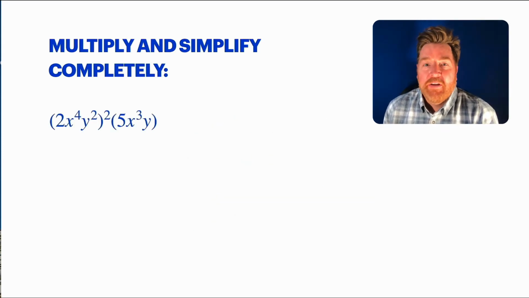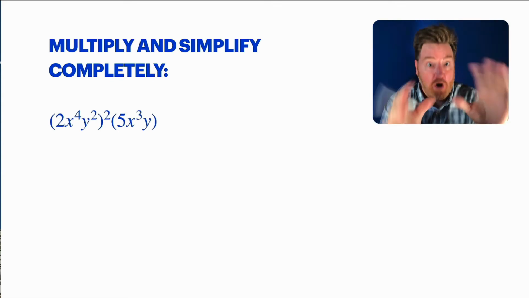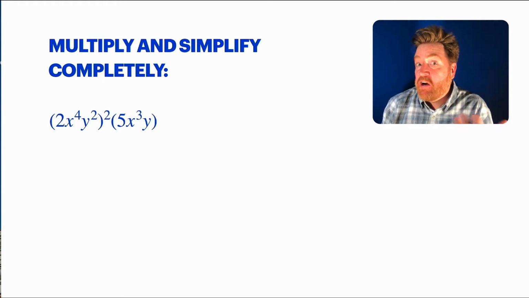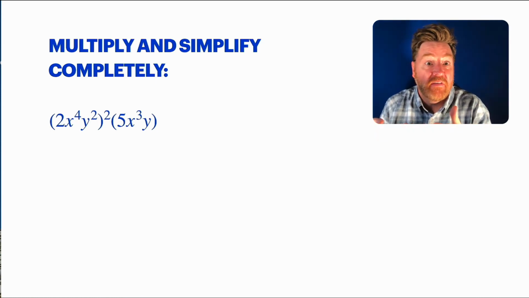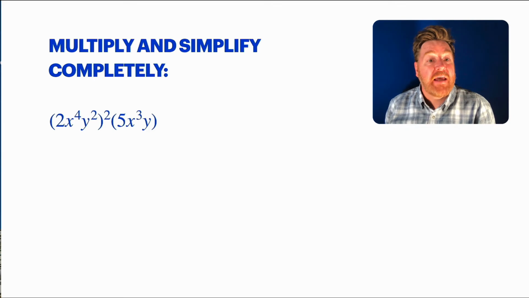Ooh, now this one. It looks a little bit more involved, huh? Okay, so we've got 2x to the 4th y squared, all that quantity squared, times 5x cubed y. All right, well, we know that we need to take care of anything in the parentheses first, but there's really nothing to do in either parenthesis, right? So let's go out to the exponents, that outermost exponent.